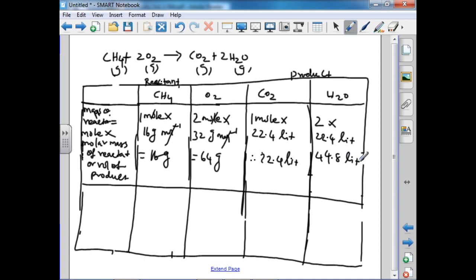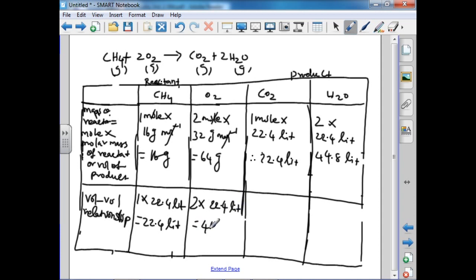Finally volume relationship. 1 mole multiple with 22.4 liter equal to 22.4 liter. 2 mole of oxygen with 22.4 liter equal to 44.8 liter. 1 mole of methane with 22.4 liter equal to 22.4 liter. 2 mole of water multiple with 22.4 liter equal to 44.8 liter.